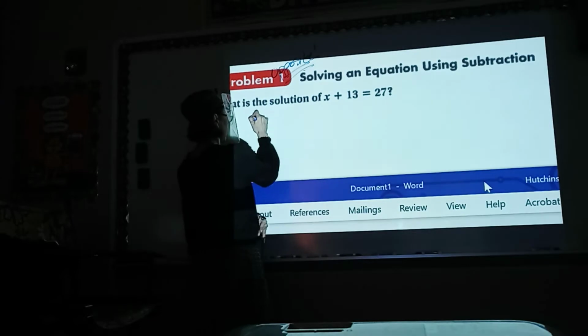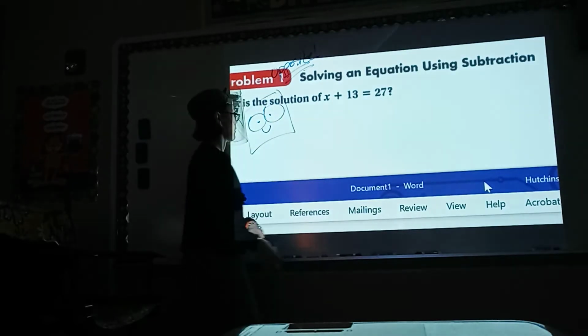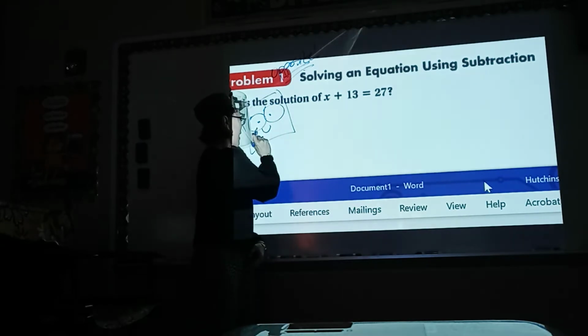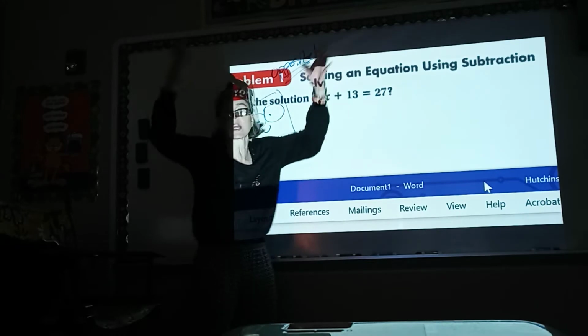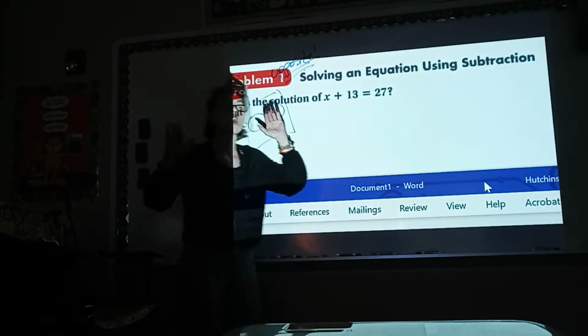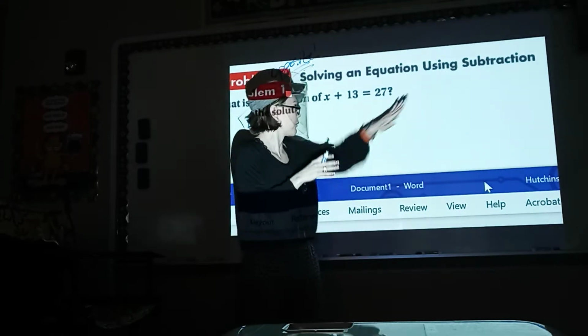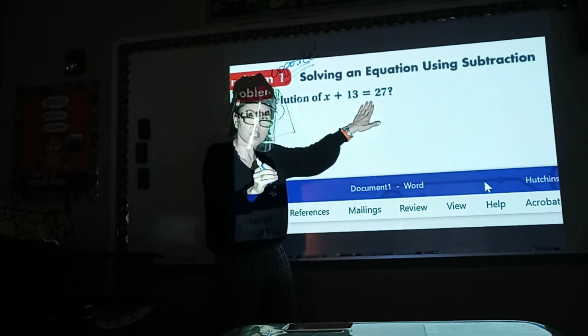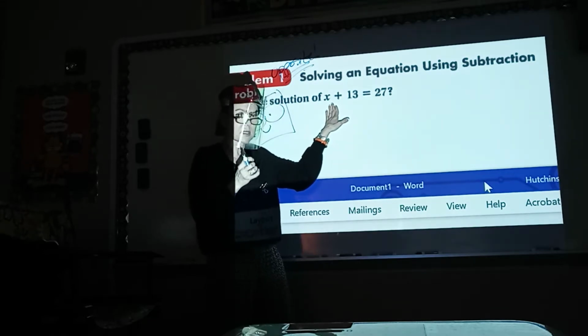I actually created a caricature, the opposite operation. This is my opposite operation, man. I know it's corny. I don't care. Draw it in your notes. Whatever reminds you to do the opposite of what you were given in the equation to get your variable all by itself.